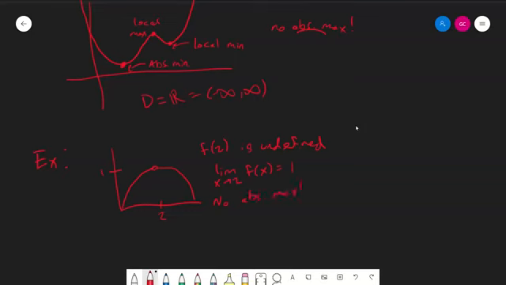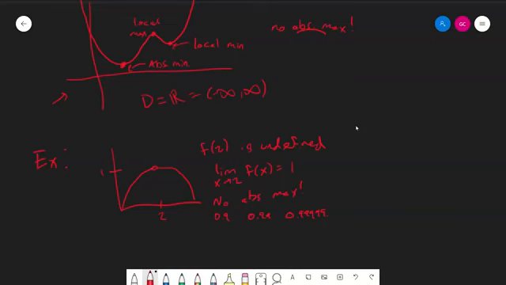That's not to say that you can get as high of a value as you want to. This is really a different case from the function we saw up above, where there was no absolute maximum because you could have outputs of 10 or 1,000 or 1,000,000. Here, you can get outputs of 0.9 or 0.99. You can get as close to 1 as you want to, but no input actually has an output of 1, and no output is actually the highest.